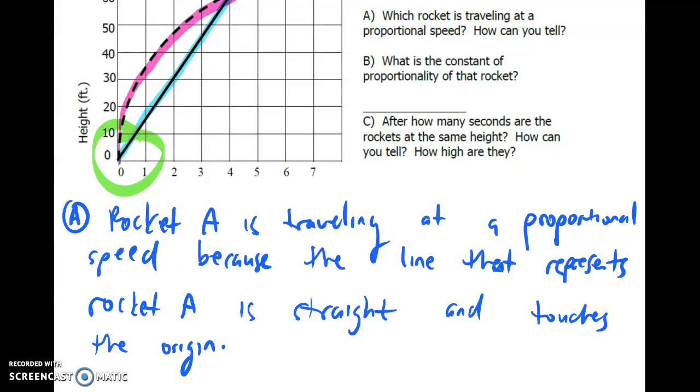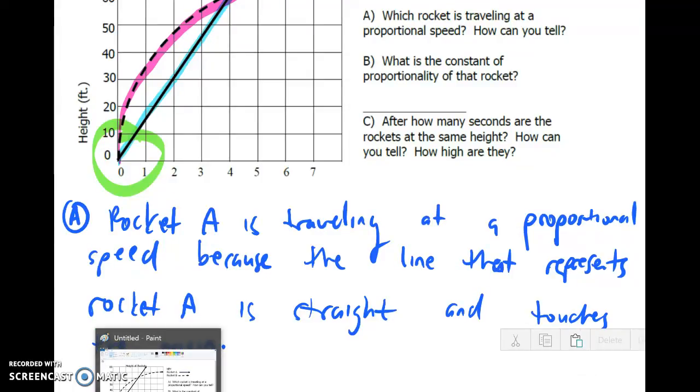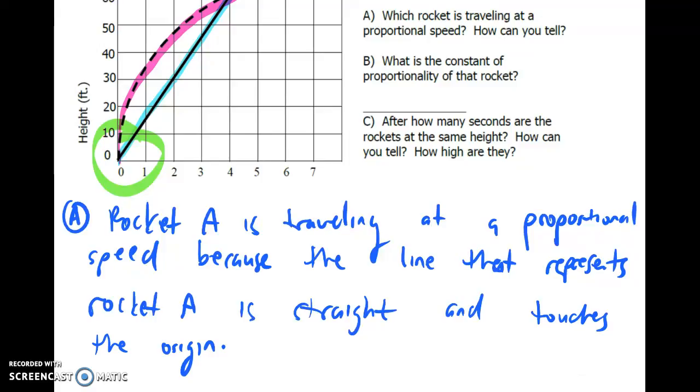Now this seems like an easy question, but it's really a lot more difficult than it looks. This question is really more about the explanation than anything else. You have to make sure you use your vocabulary words. So, looking back at my explanation, we have proportional, line, straight, and origin.